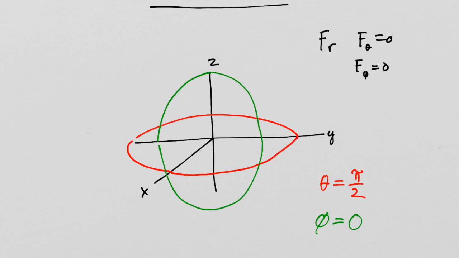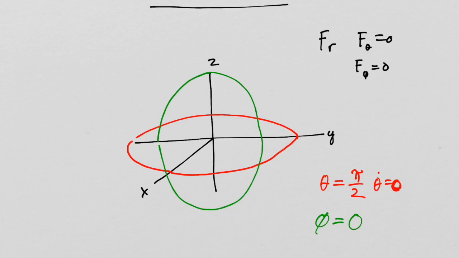The idea, if you're going to do a hand-waving argument, would say, oh, well, let's just take theta equal pi over 2, and theta dot is actually 0.